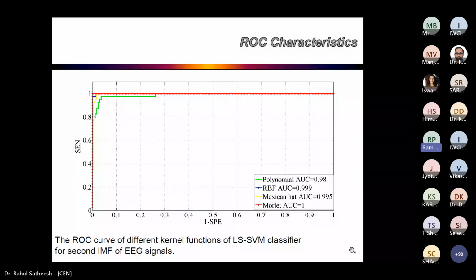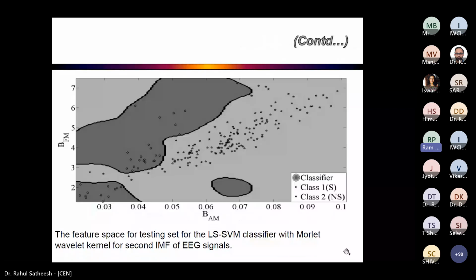So in all classifiers, like polynomial, RBF, Mexican hat, Morlet, we have studied this area under ROC curve, and we have seen in case of Morlet, it is coming out to be equal to 1. So it is a very good performance. So this area under ROC curve also validates the good performance of the Morlet kernel based classification.